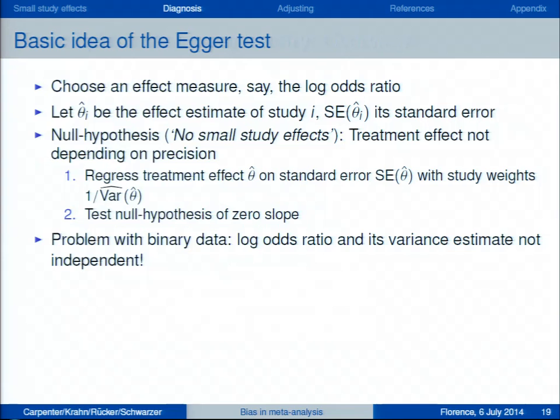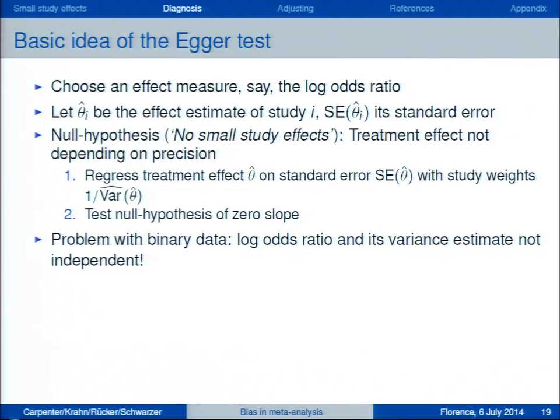The basic idea of the Egger test and of all the other tests I have mentioned here is the following. We choose some effect measure, say a log odds ratio, and let theta_i hat be the effect estimate of study i, and SE of theta_i hat the estimated standard error.